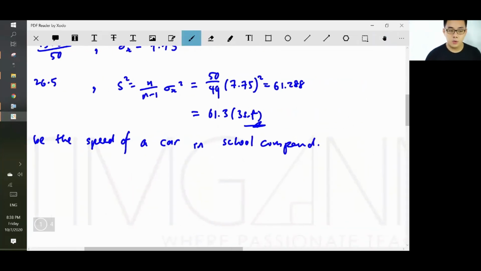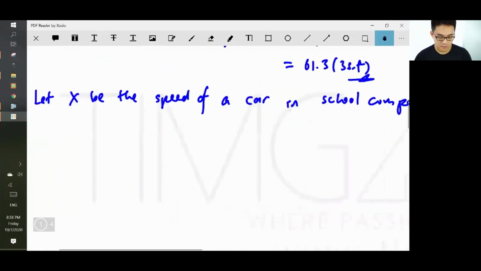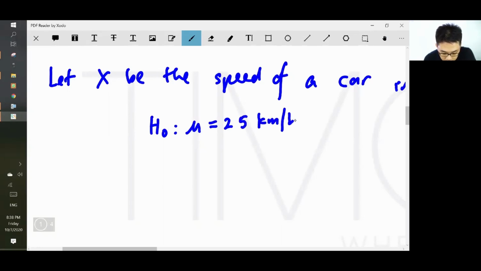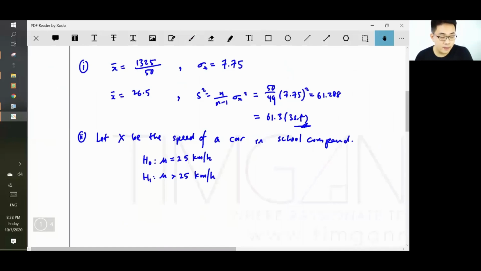You can just define a mu, and if your school wants you to define it, just follow it. H null is mu equals 25 km per hour. H1 is whether you're speeding or not, so mu more than 25.